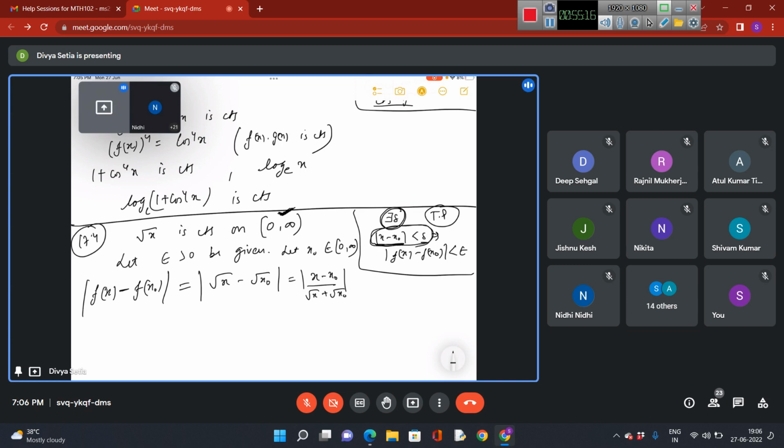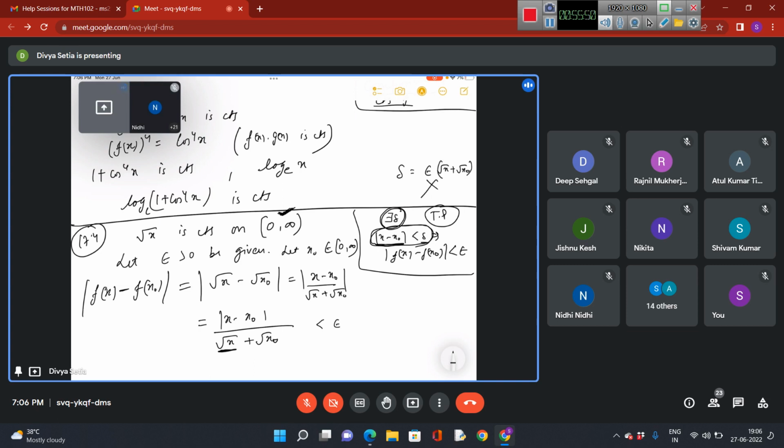So now you have reached x minus x naught, but some extra term is also coming. I am not putting mod because all of them are positive. What will I do for this extra term? I can't make it less than epsilon because x is also there, and delta cannot be dependent on x. It has to be independent of x. I cannot write my delta to be epsilon times (square root x plus square root x naught).